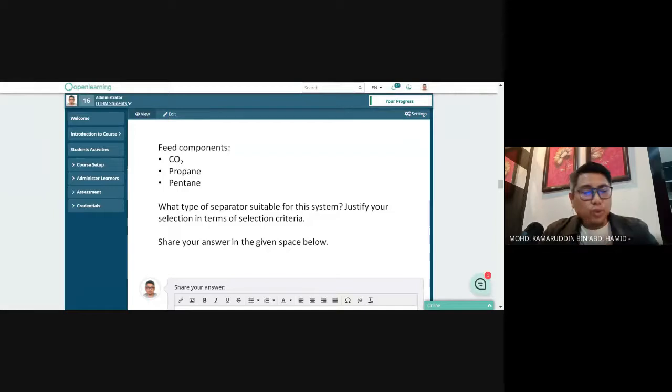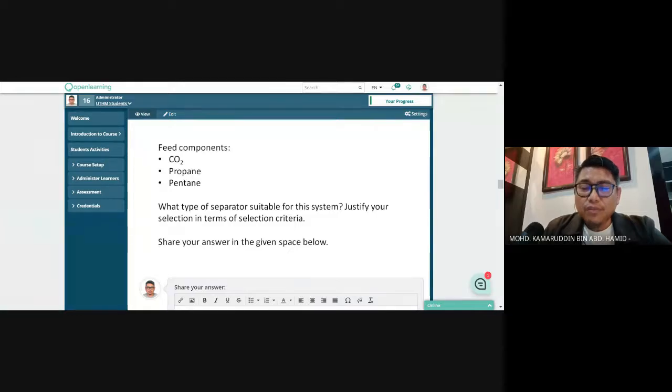So tinggal kepada dua alternatif sekarang ni, either flash ataupun absorber. So you start with the flash. Sebab tu once you get this kind of alternative, contoh tinggal dua alternatif saja, then barulah you guna simulator to prove yang mana lagi baik, flash or absorber.